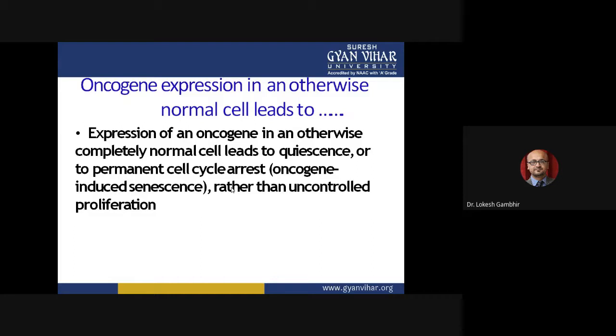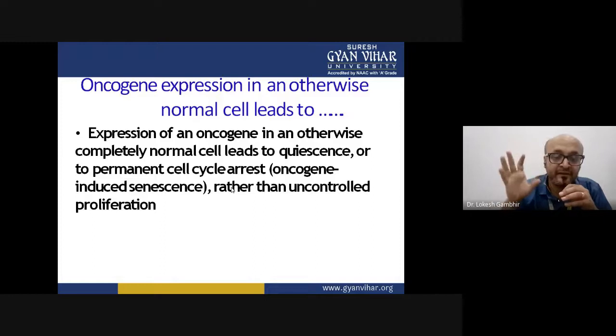Why? Because these tumor suppressor genes or checkpoints are very active. They immediately sense that there is DNA damage. We should not allow this cell to go ahead. We have to put it into a senescent state, so a permanent cell cycle arrest will be there. So oncogene-induced senescence will be started, and the cells will not divide ahead. So you see there will be no uncontrolled proliferation.